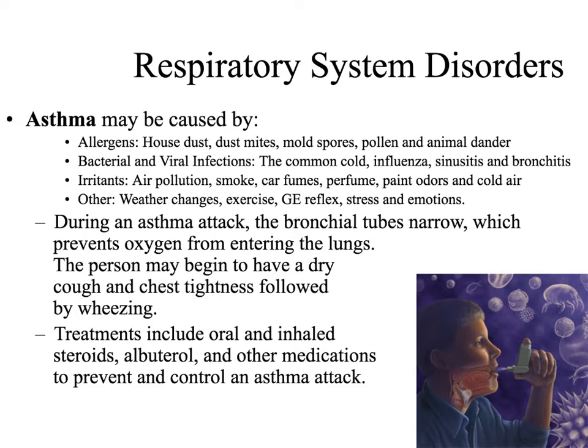That prevents oxygen from entering the lungs. And once again, a lot of times it's characterized by a wheezing sensation. Typically, the common solution is an inhaler of some kind that will provide a steroid, specifically albuterol. Now, this is not the steroid that's going to make you big and tough or anything like that, but what it does do is help control the asthma attack.